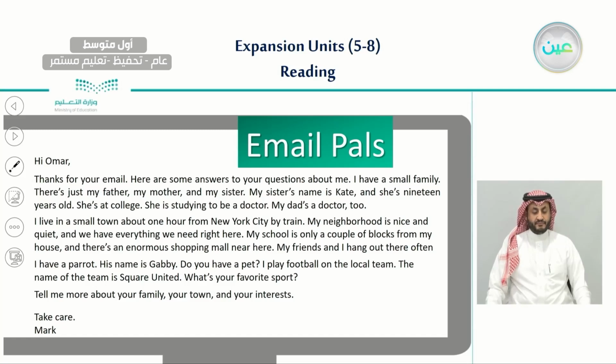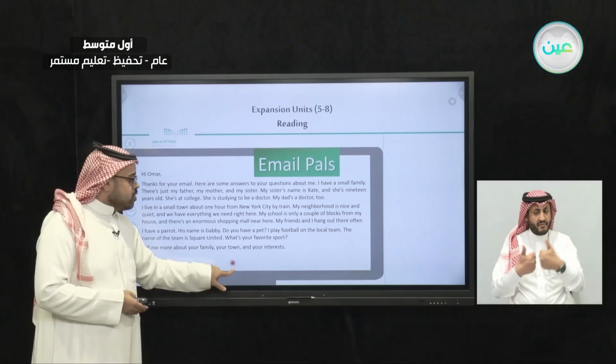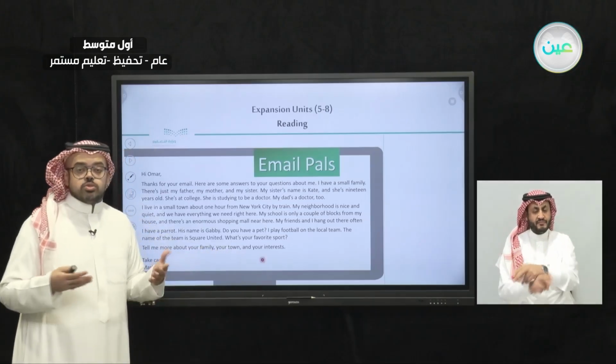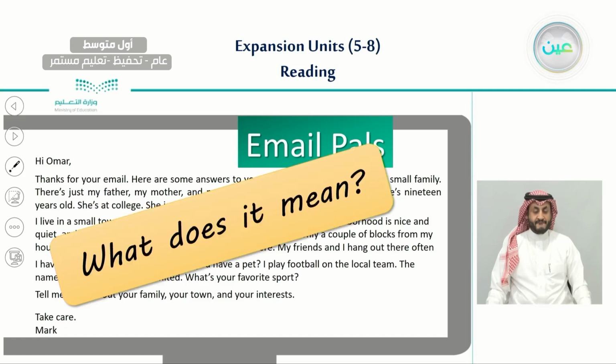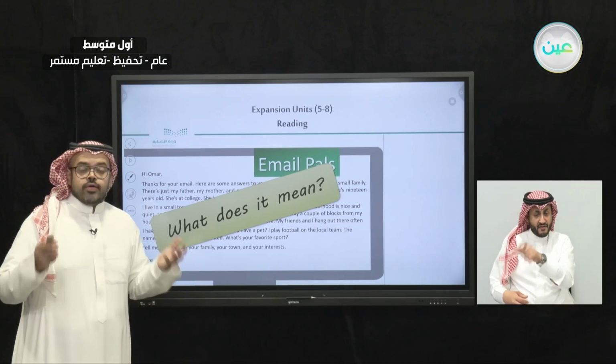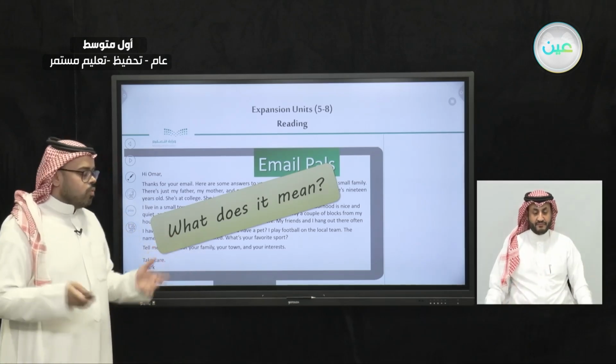And also he said what kind of pet he has. He said, I have a parrot, and also he plays football in the local team. So he concludes or closes his email by asking Umar to tell him about his family and his town and also his interests, the things that you like. While reading this email, we have a couple of interesting vocabulary words that we need to learn, or to know what they mean.